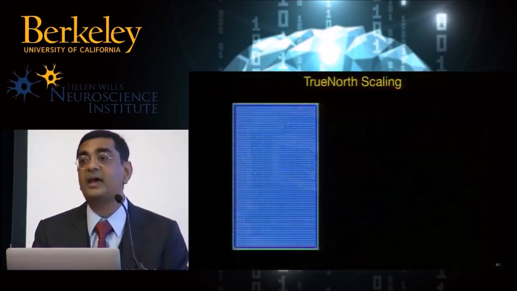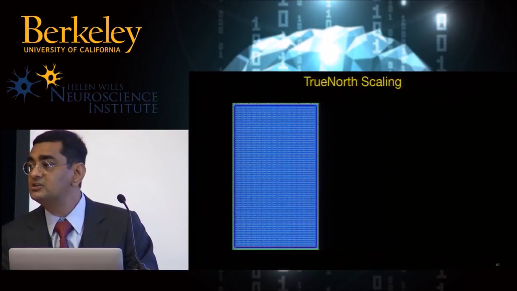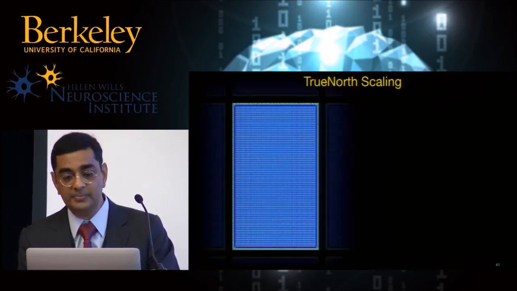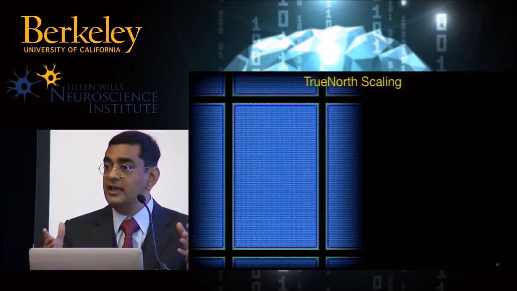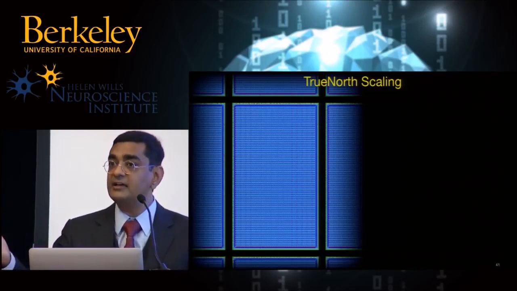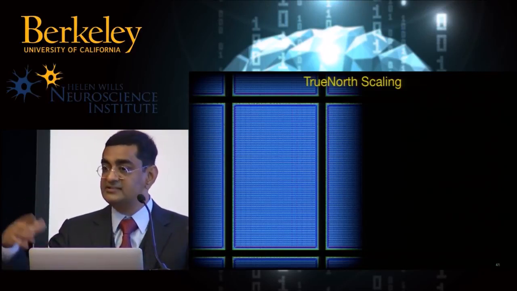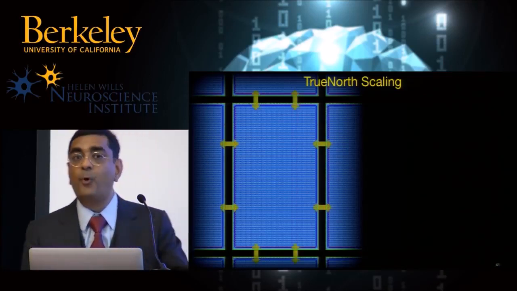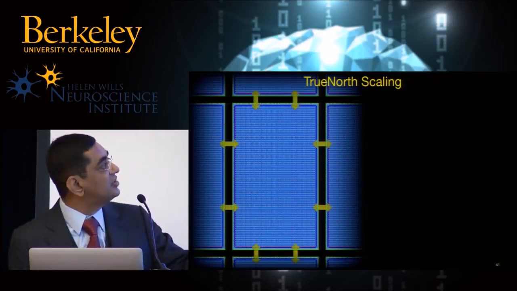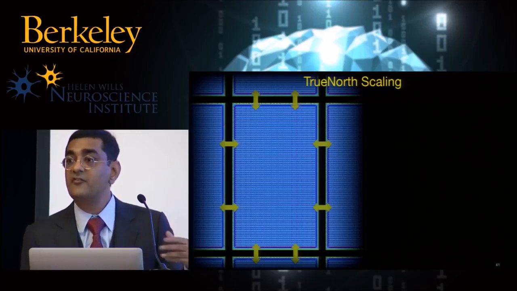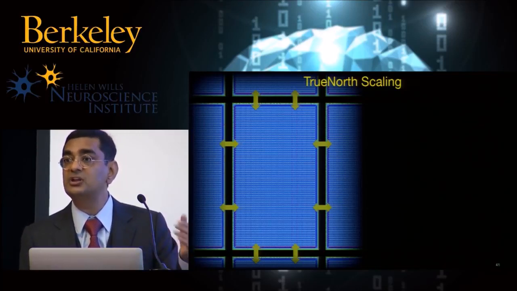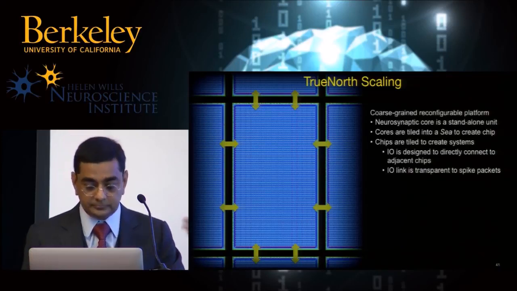But the chip has incredible capability in terms of tiling. This is the TrueNorth chip. You can just tile them seamlessly and have them connect and behave like the complex is a larger chip. So there are 8 ports on each side, which allow the spikes to go between chips as if they're transparent, without need for any additional communication circuitry.